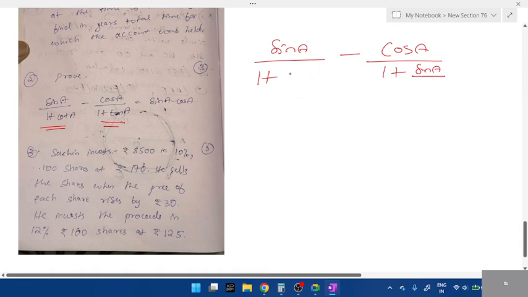See, Amy, you're giving wrong answers. Cos A by. Okay, okay. Sin A by cos A. So when you take LCM, you get sin A divided by.